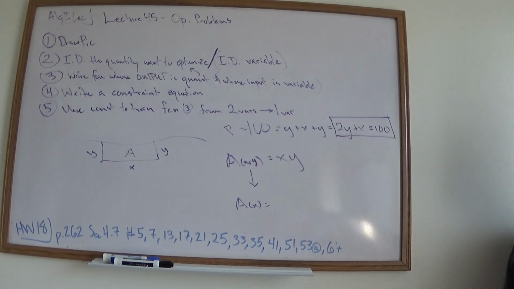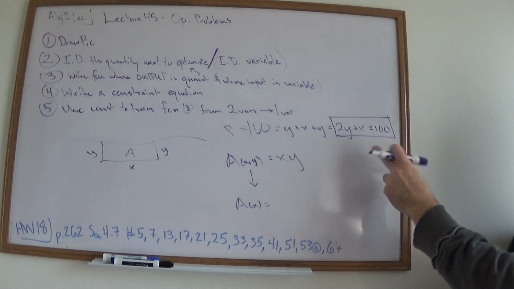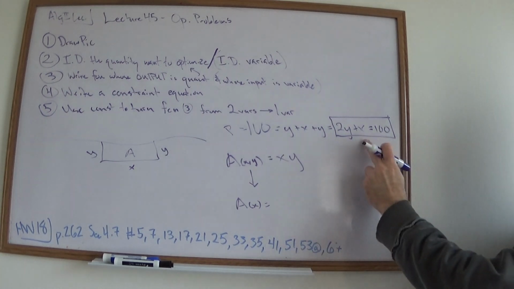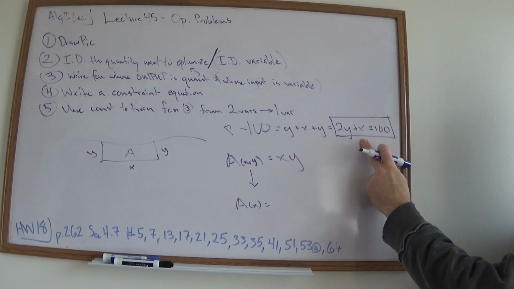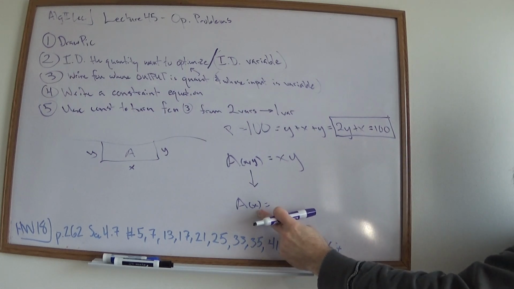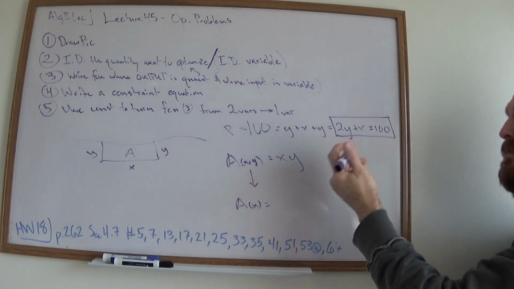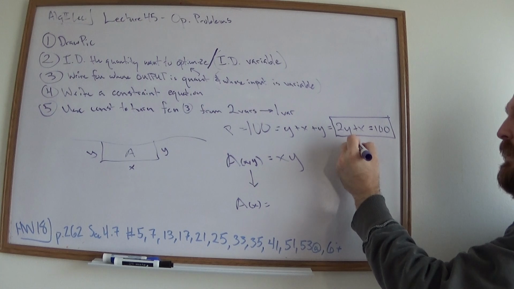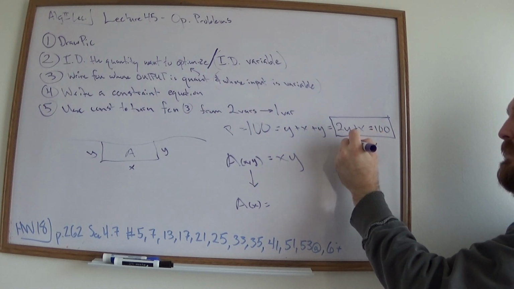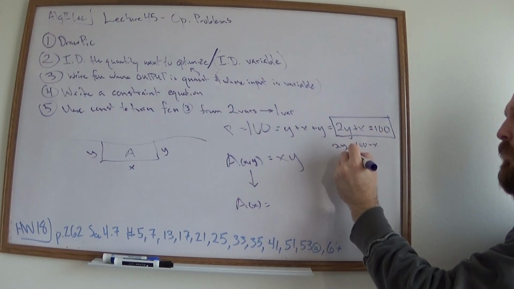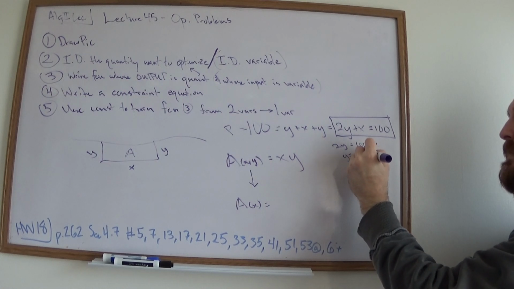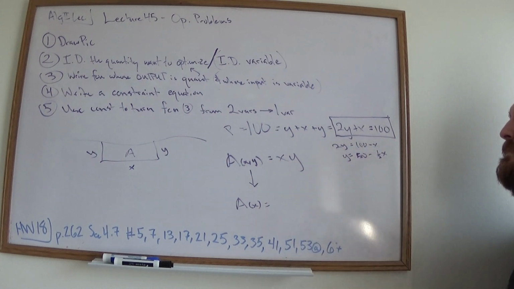In other words, you solve for one of the variables and substitute it in. So in this case, I guess we could get y by itself. It would be easier to get x by itself, but since I already wrote A of x, I'm going to do it this way. I'm going to say, okay, 100 minus x equals 2y, so that y equals 50 minus a half of x.